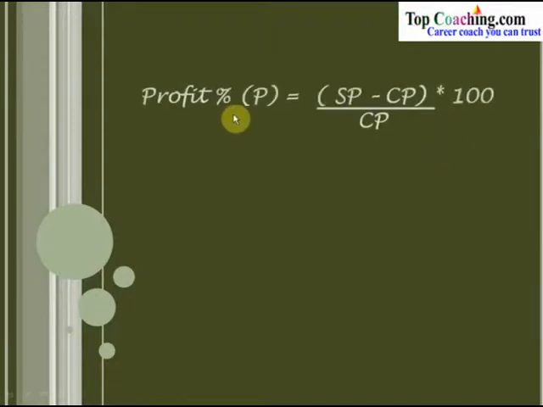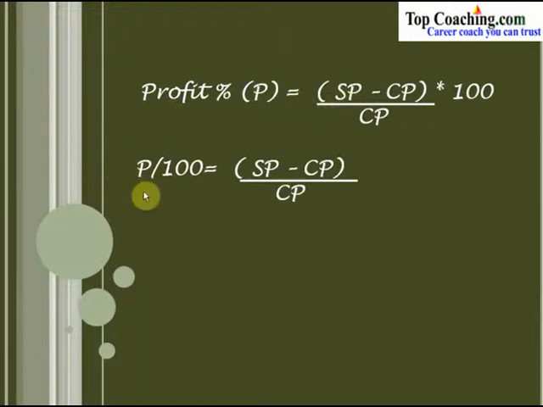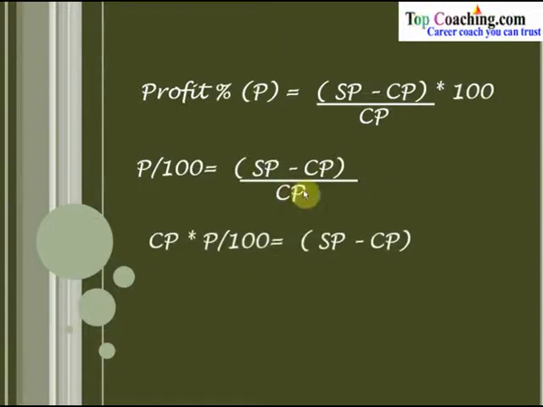Now we've seen that the formula for calculating the profit percentage is equal to SP minus CP divided by CP into 100. Now, we can write this as P by 100 equal to SP minus CP divided by CP. Further, this becomes CP into P by 100 equal to SP minus CP.